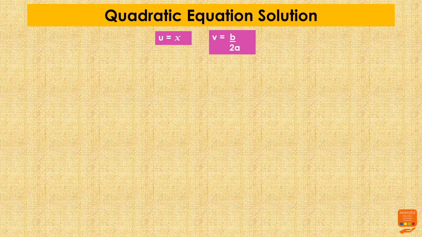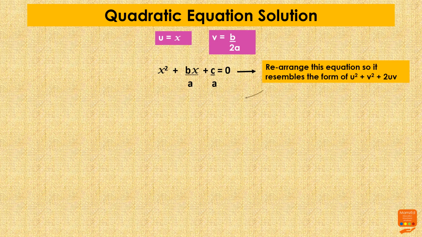And now we can rearrange our quadratic equation so it resembles u squared plus v squared plus 2uv. So we rewrite our quadratic equation, and we know that u is equal to x, so u squared will be x squared. So we write x squared, and we know that v is equal to b over 2a, but we do not have (b over 2a) whole squared in our quadratic equation.